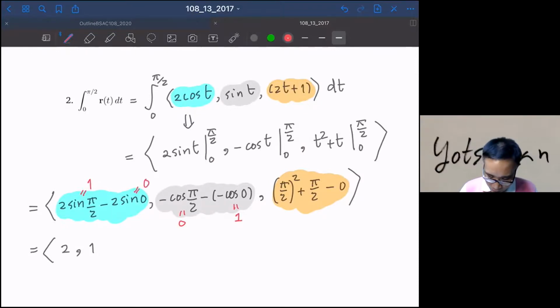And the final term turns out to be pi squared over 4 plus pi over 2. So this gives you just the term that you have here. So I have the correct answer.